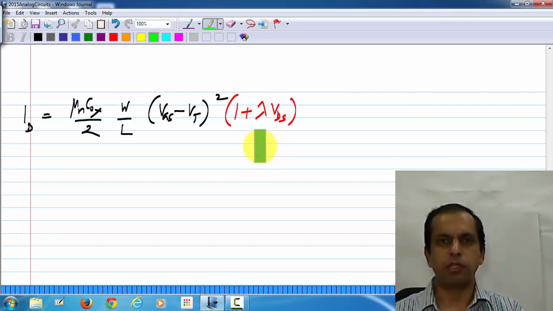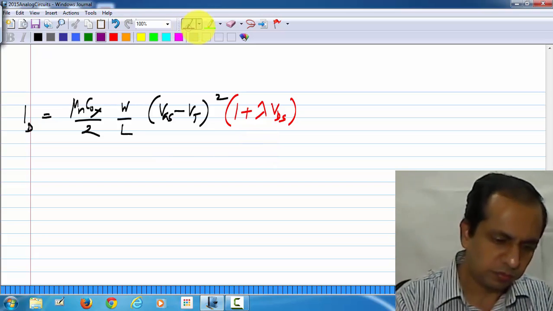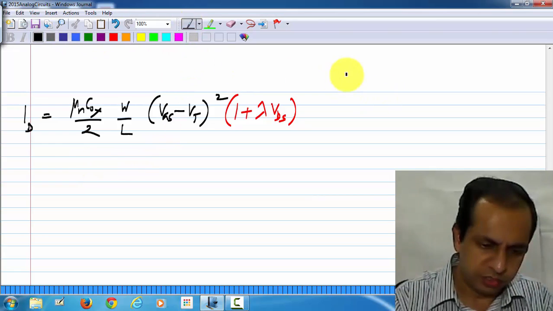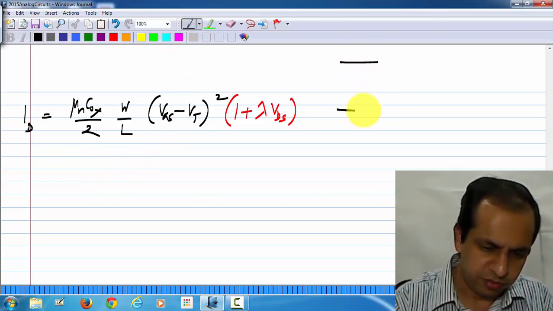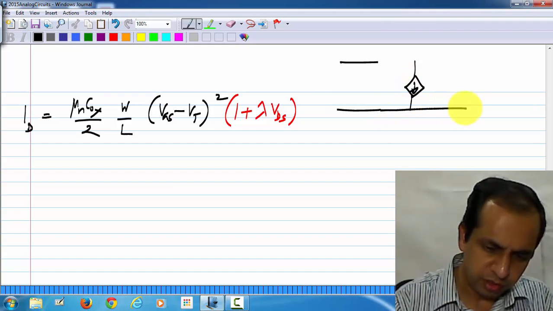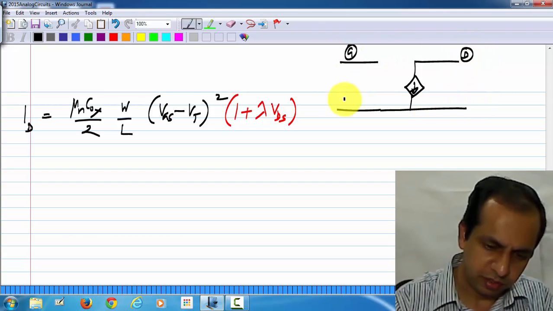What we need to do now is to find out the effect of this on the small signal model. The small signal model, so far as we know, consists of just the GM. So, this is the gate, this is the drain, and this is the source, this is VGS, and this is GM VGS.